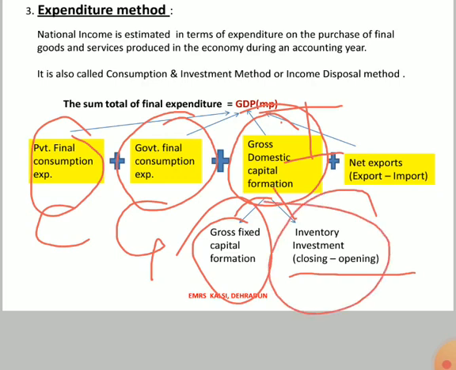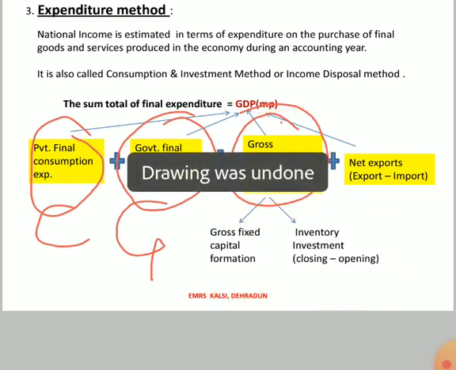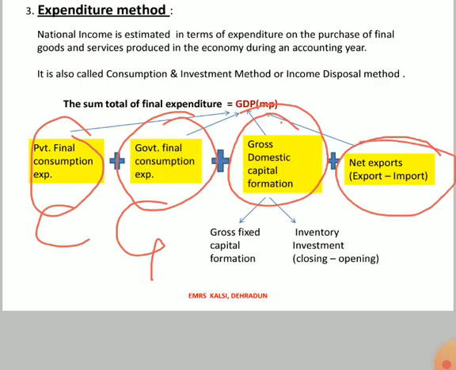Okay, now the third thing, the last thing, is net exports. It is denoted by X minus M, which means exports minus imports. So it will be called net exports.